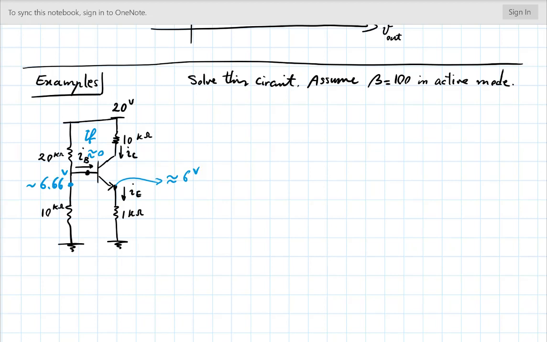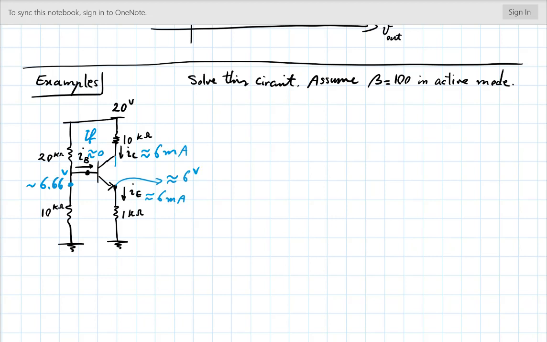Then what is IE? Six milliamps. Then what is IC? Same as IE, 6 milliamps.